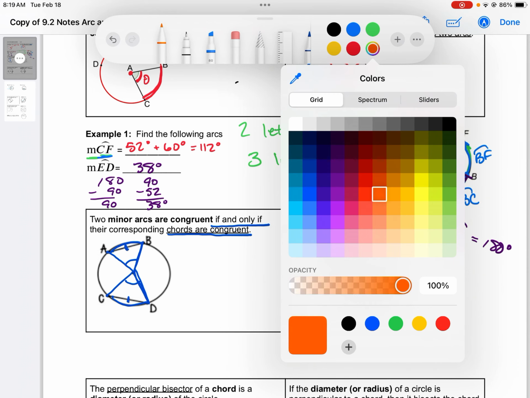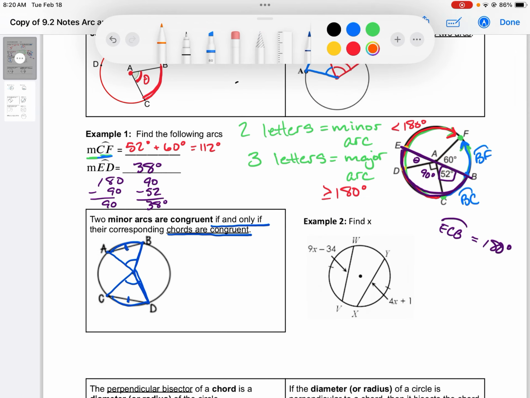In our second example, it says to find x. So we are looking for x right here. And now our only clue is that these arcs are congruent.